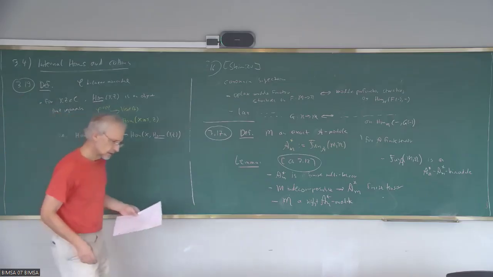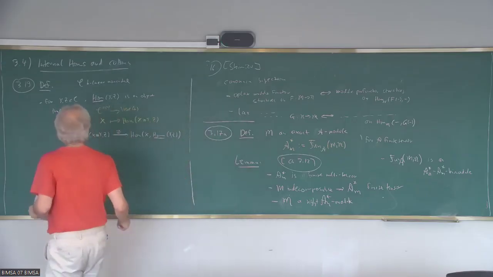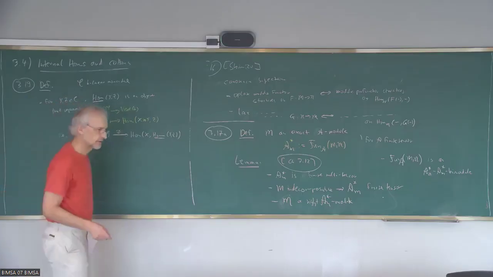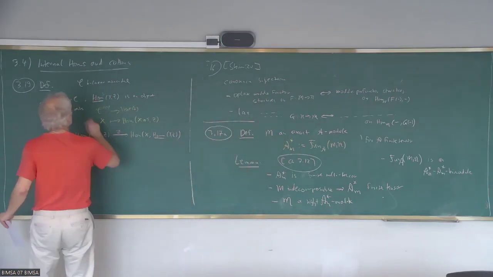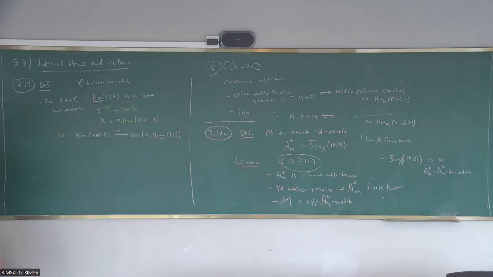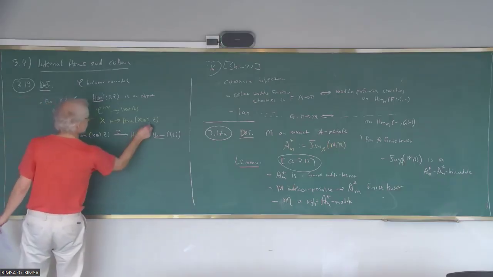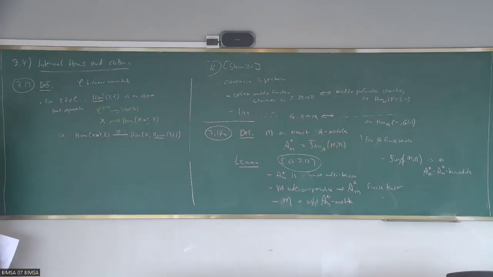And let me just mention that sometimes one calls this also the right internal Hom because one takes the right factor in the tensor product here. There's a corresponding left internal Hom, which is still a right adjoint.